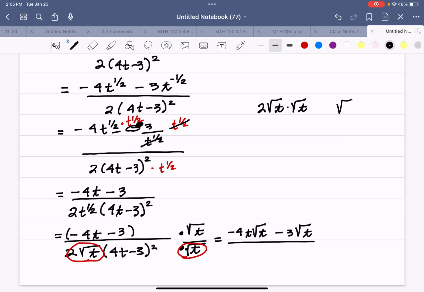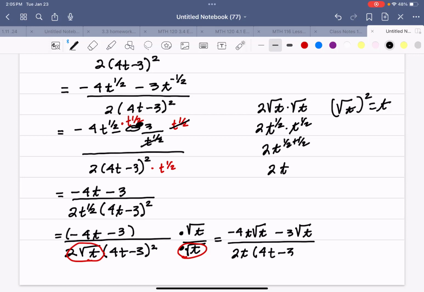Well, square root of t squared is just t, or you can look at it this way. t to the 1/2 times t to the 1/2. Well, you have to add the exponents, and a half plus a half is 1. So again, I get a t, and there's that 2 there. So it's going to end up being 2t times (4t minus 3) squared.